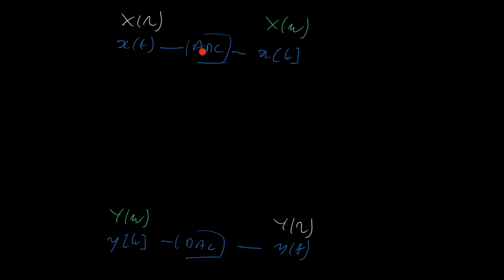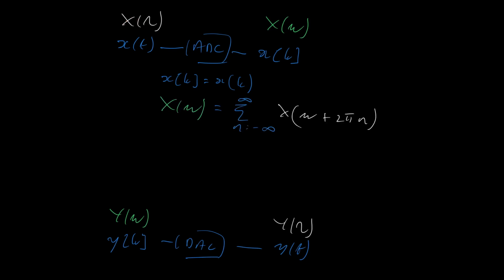When we sample, it's the time domain relationship that is very easy to write down. If our sampling period is 1, then we simply have that x of k in discrete time is given by x of k in continuous time. The more complicated formula is the expression for the discrete-time Fourier transform in terms of the Fourier transform. We now know though that in the frequency domain we have this relationship here.